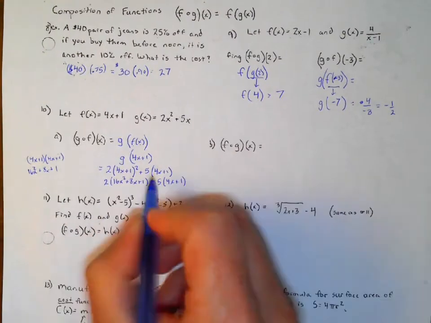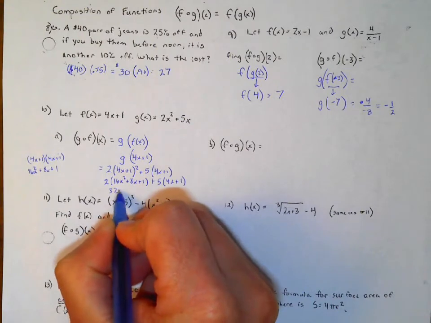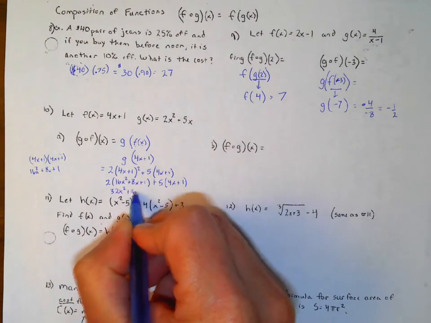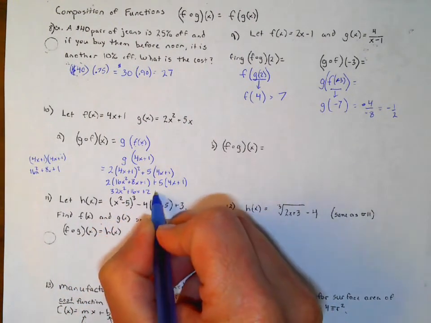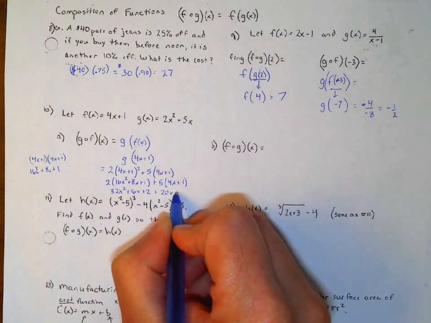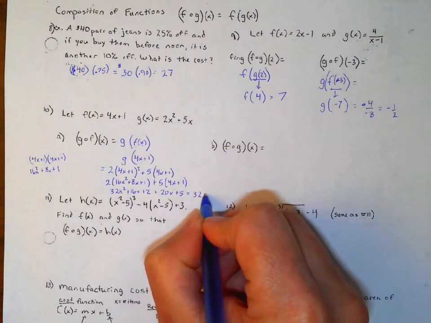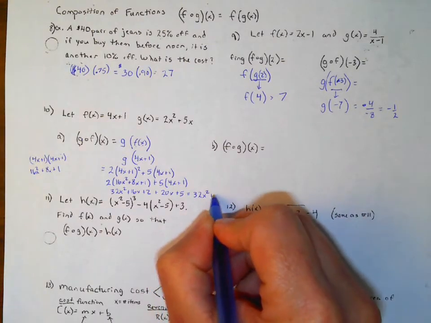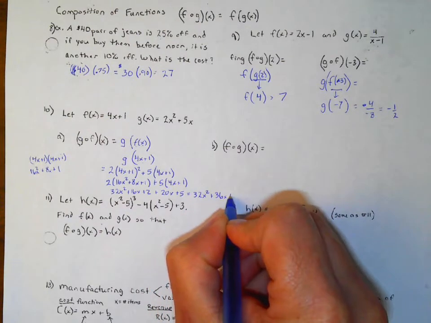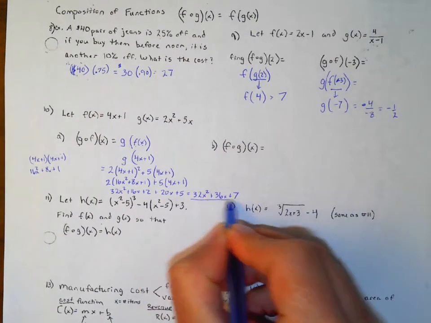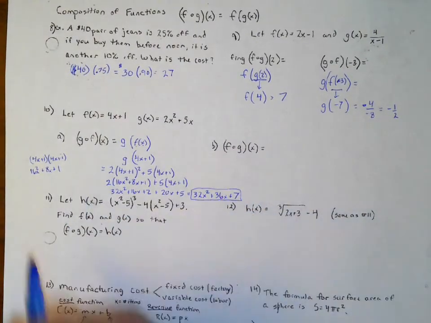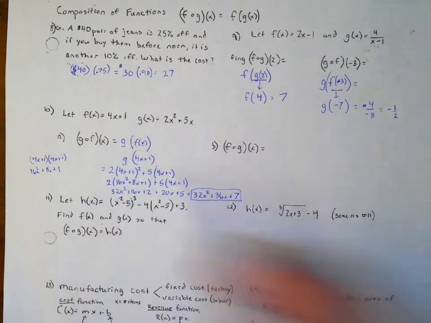Okay, and we distribute through. We have 32x squared plus 16x plus 2 plus 20x plus 5. Gives you a total of 32x squared plus 36x plus 7. And that is our answer to g of f of x.